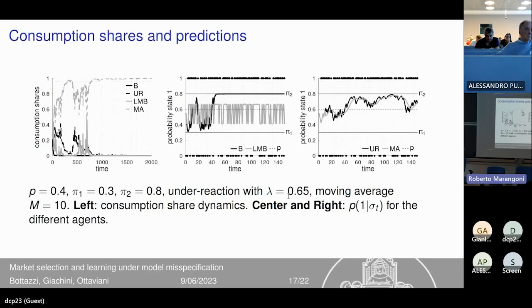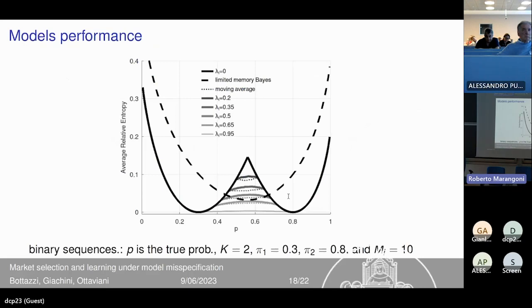So with this specification, moving average turns out to be a very good strategy, the best strategy, leading to dominance of the agent using it. This is just to show you the kind of dynamics you can see in this simulation. But what I want to discuss better is this plot. I think this is essentially the interesting part.